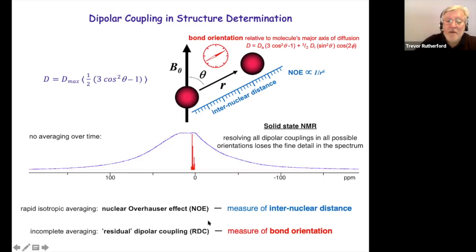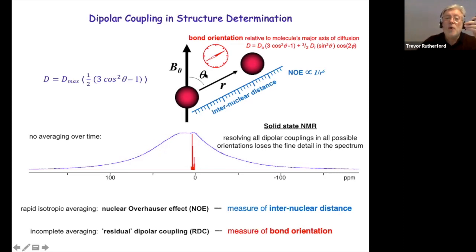If we take a sample and put it in a magnetic field where we don't get completely isotropic tumbling, we would get a slight preferred orientation of the protein with its axis of diffusion slightly aligned with respect to the magnetic field.